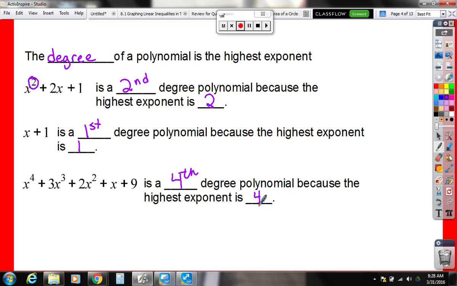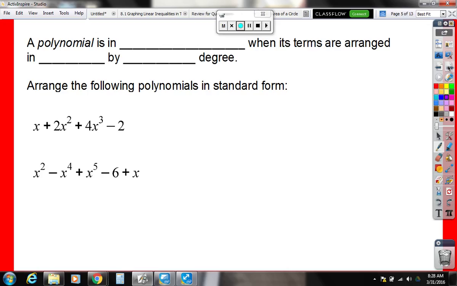Okay, a polynomial is in standard form when its terms are arranged in order by decreasing degree. So we're going to arrange these polynomials in standard form. I'm going to look for the biggest exponent. My largest exponent is 3, so I'm going to write that term first, 4x to the third.